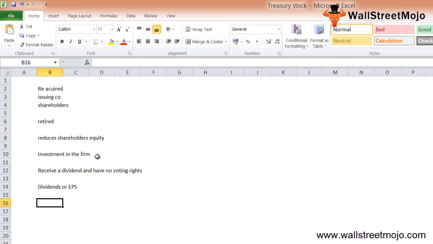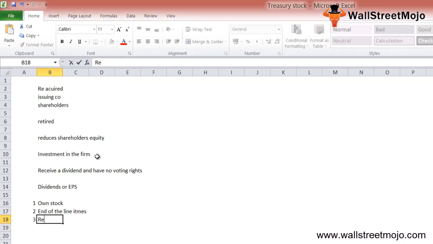EPS. Now let's understand the treasury stock in the balance sheet. The treasury stock is the company's own stock that has been reacquired by the issuing firm. It is usually reported at the end of the line items within the equity section.